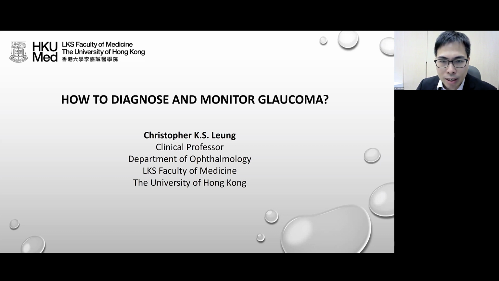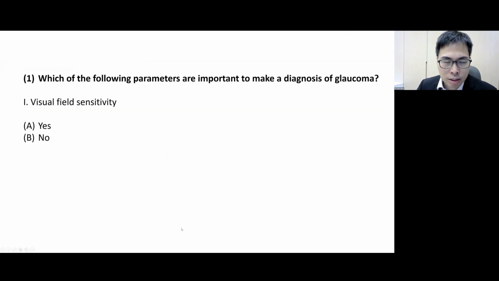And now let's go to the poll questions, which is about which of the following parameters are important to make a diagnosis of glaucoma. I will list 5 different parameters, and I would like you to vote using your Zoom poll tool, and so we can begin the polling.